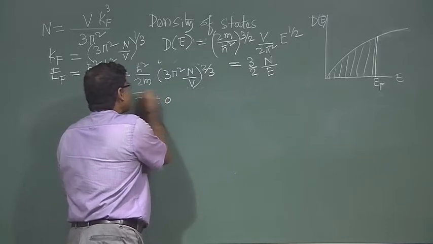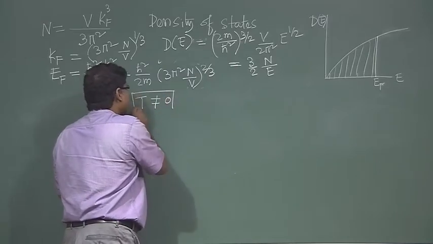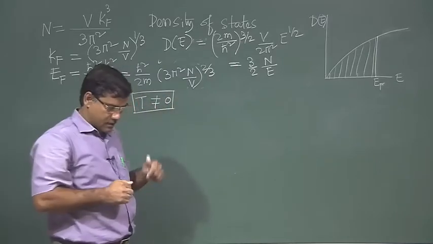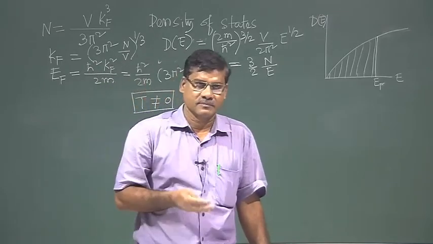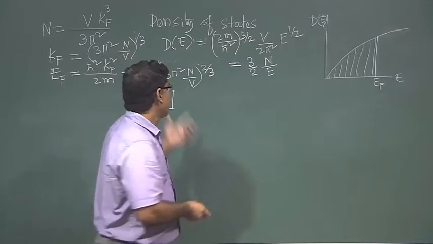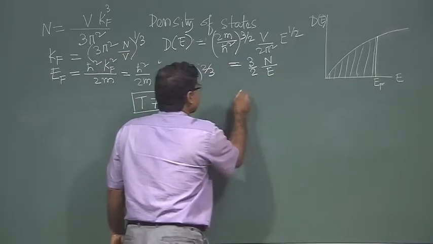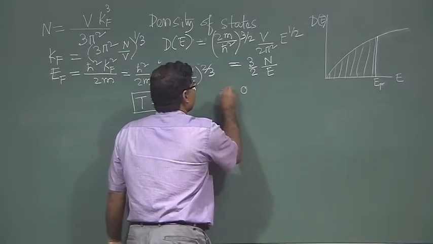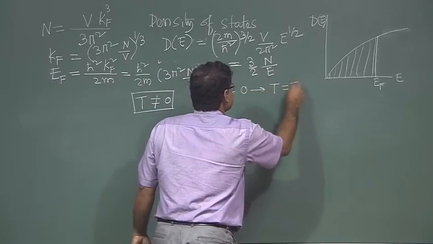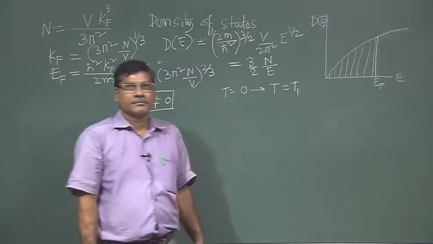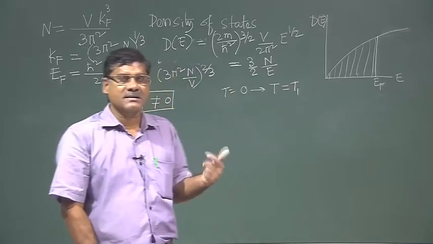That is fine for T equal to 0, but for T not equal to 0 there is a temperature. So what will happen when I increase the temperature of the free electron gas from T equal to 0 to some temperature, say T1?